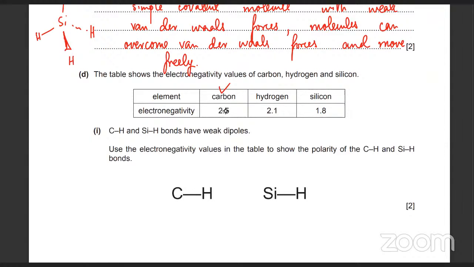So C has greater electronegativity, so it's going to be slightly negative, and H is going to be slightly positive. And it's going to be a very weak dipole. If you look at Si and H, then H comparatively has more electronegativity. So H is the one that's going to be slightly negative, and silicon is the one that's going to be slightly positive.